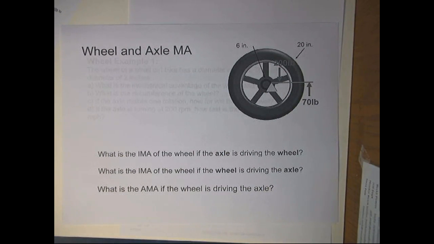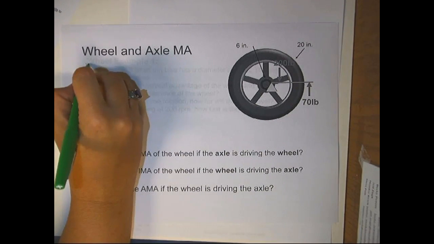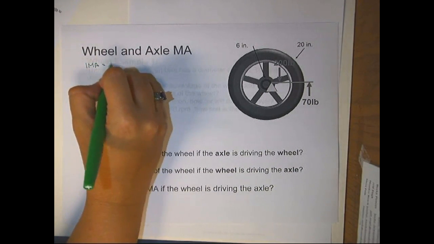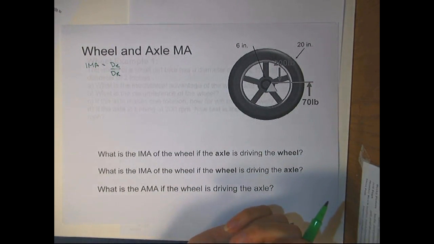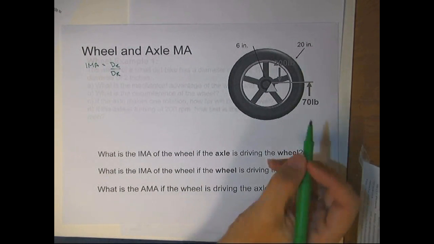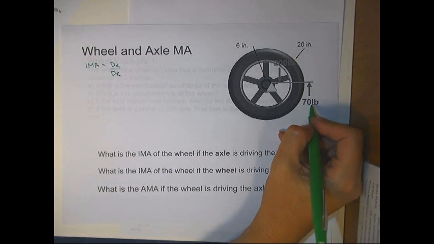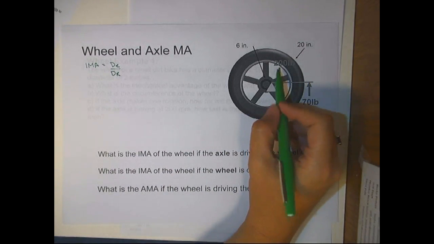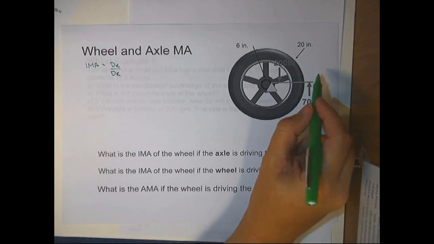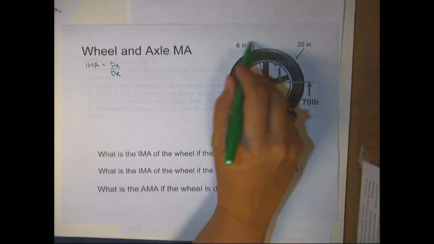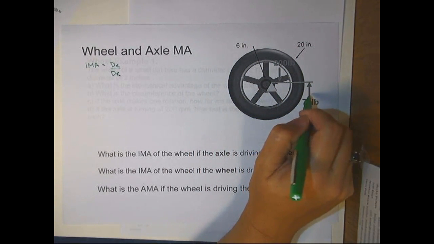So let's look at how the formulas work with this. IMA equals DE over DR. Same exact formula we had with the lever. So if this is my effort here, and this is my resistance, what distance does the effort travel? Well, it would travel the outside circumference of this circle.